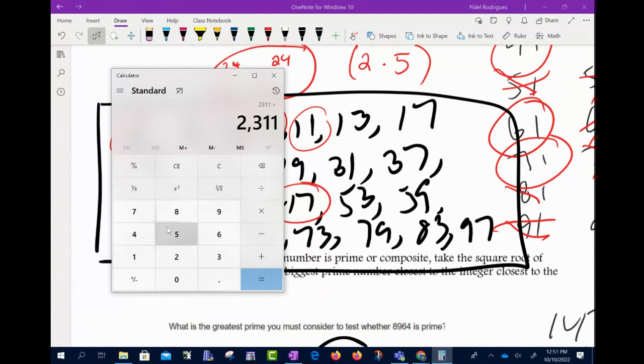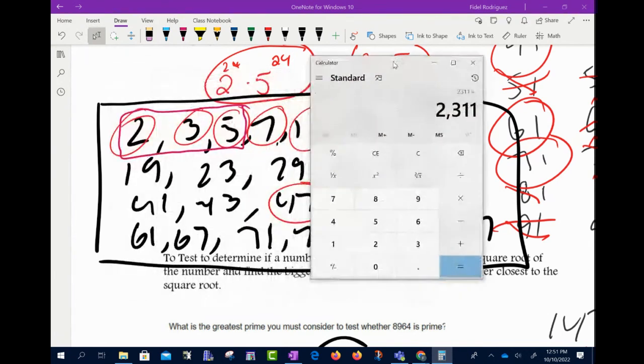So, let's do 2311. Let's divide it by 47. Nope. 2311, let's divide it by, what, 43? Nope. 2311, let's divide it by 41.